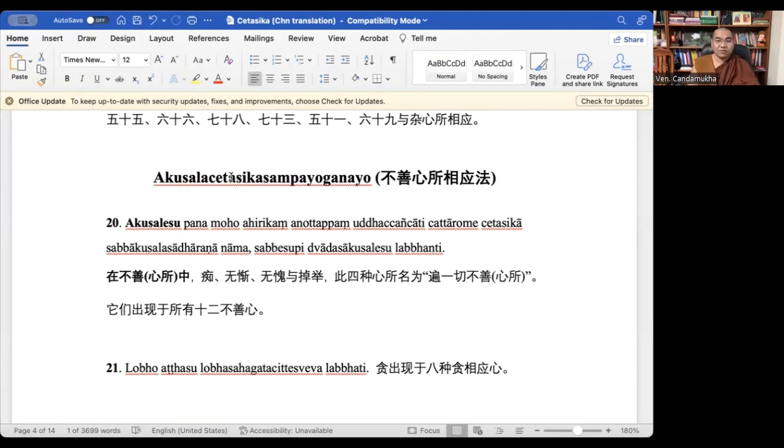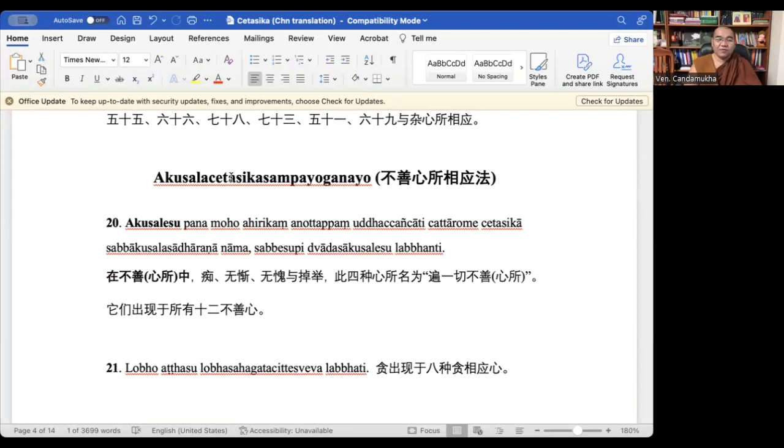I'm sorry, Sayadaw. Could you please repeat the Akusala part? When you hear Akusala alone, it may refer to the unwholesome action as well as the unwholesome mind.